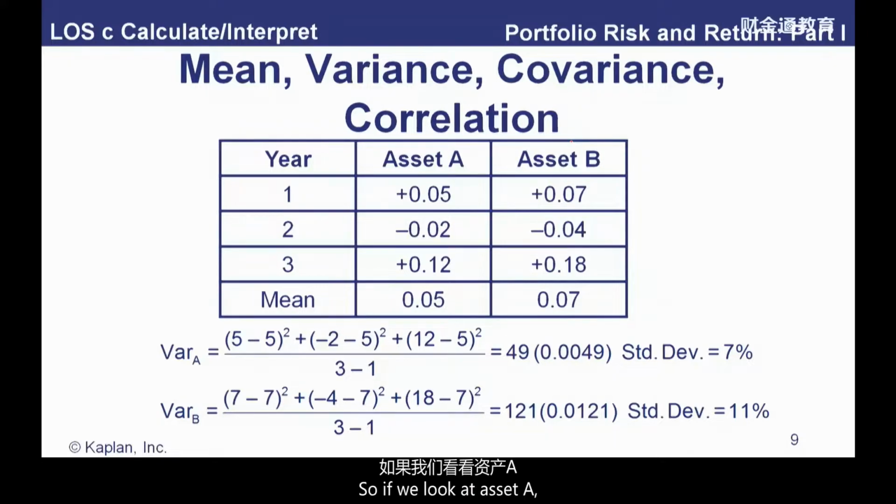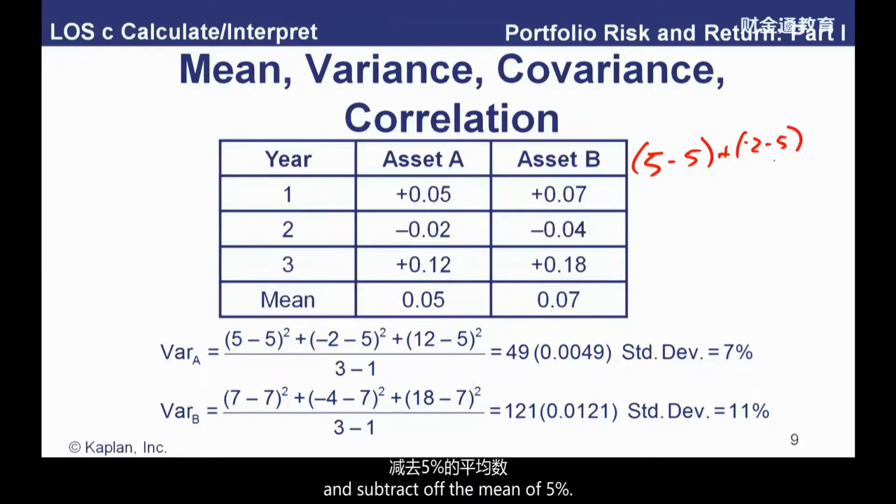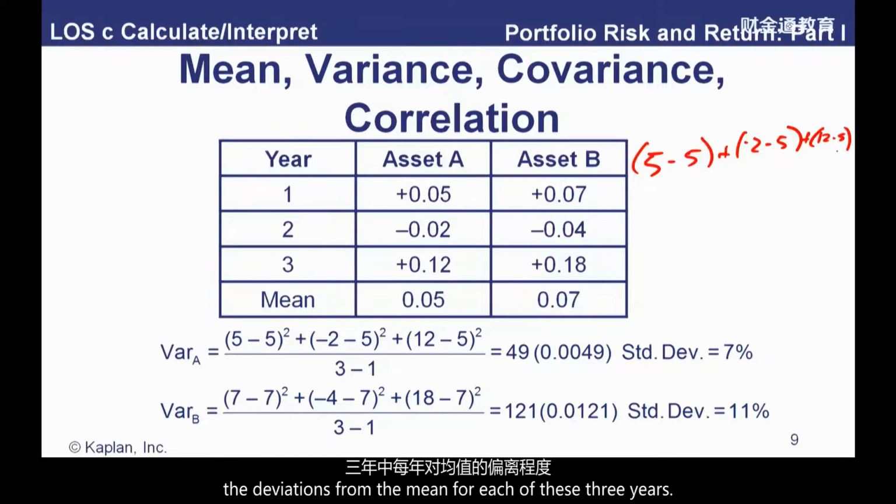So if we looked at asset A, we could take the 5% return in the first period, and we could subtract off the mean of 5%. Well, that's going to be pretty easy. And then we could take the return in the second period of -2 and subtract off the mean of 5%. And then we could come over here and I'm running out of room, but we could take this 12% and subtract off 5, and that would tell us the deviations from the mean for each of these 3 years.